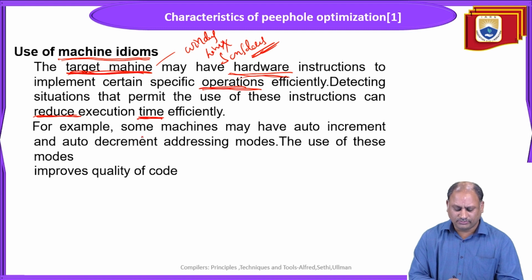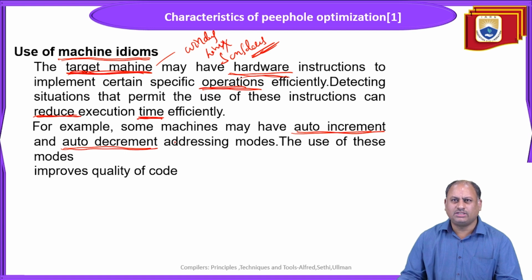Operations such as auto increment and auto decrement are applied for the addressing modes, and some machines may have these auto increment and auto decrement modes. These modes improve the quality of the code.